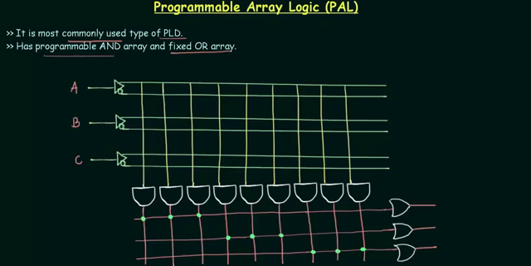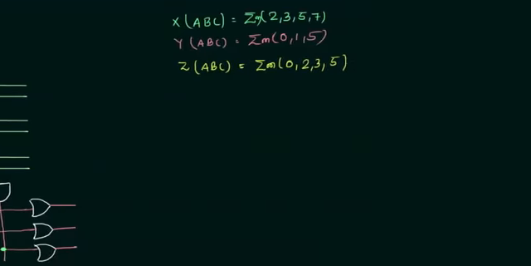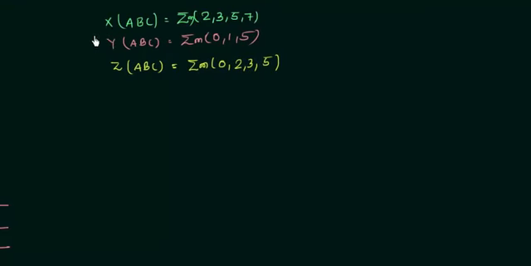So let's move to one problem, and stepwise we will see how to solve the problems in the PAL. Here you can see we have X, Y and Z, which are the three outputs, and the min terms are specified. So actually the first step is to look at the min terms.